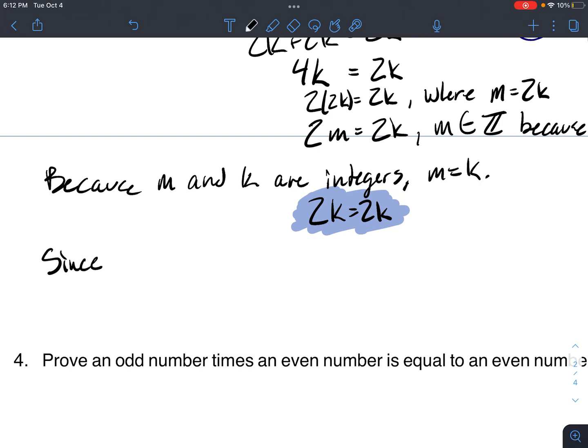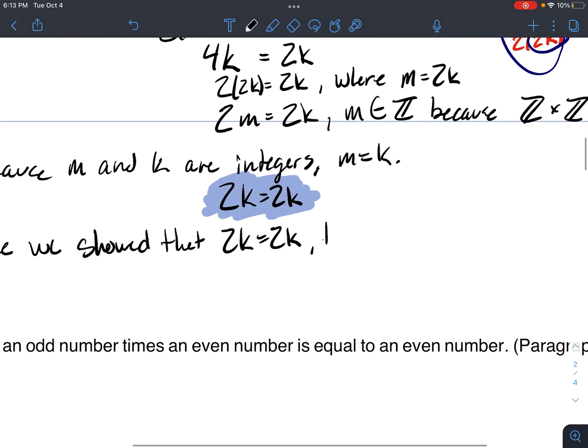So say anything along the lines of, since we showed that 2k is equal to 2k, this proves e plus e is equal to e. Okay?